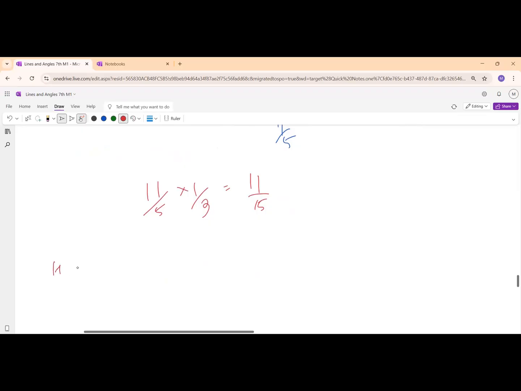So he'll read 11 by 15 part in 2 1 by 5 hours. Is this clear, guys? Yes, sir.